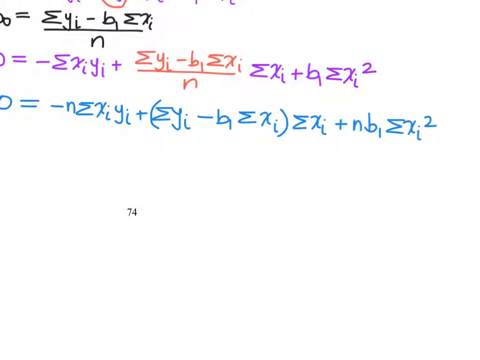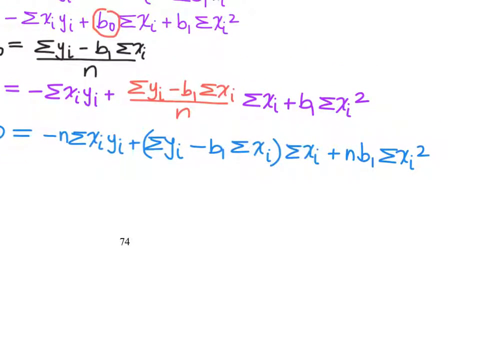It was the entire b sub o multiplied by the sum of x sub I. So since there's a binomial here, even though I wrote it as a separate thing, once I cleared out that n, this became a binomial that needed to be multiplied here. So we don't want to lose sight of the fact that we have to distribute there.